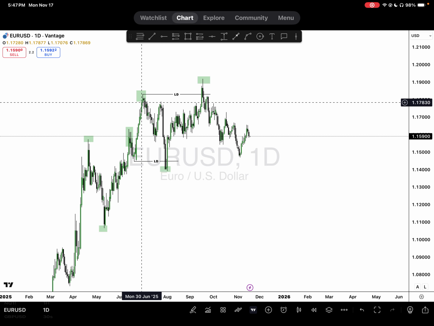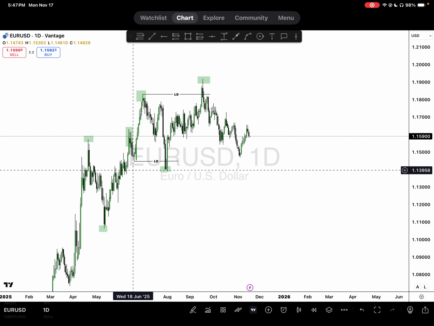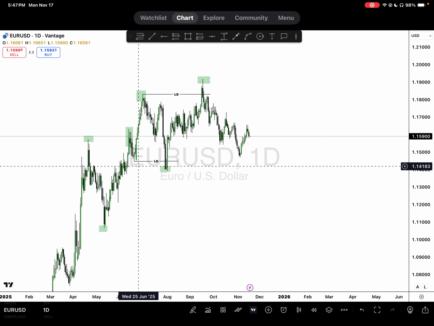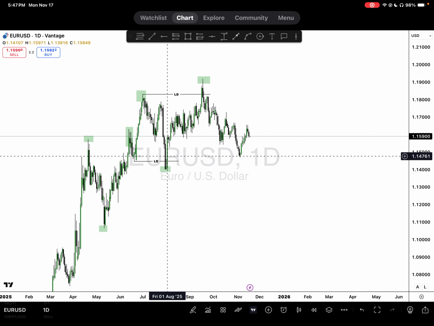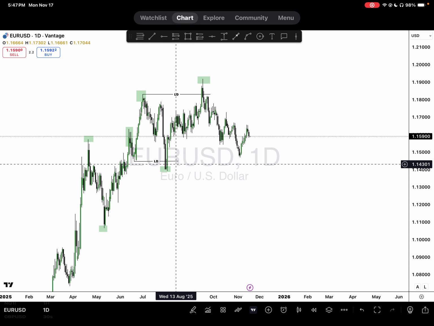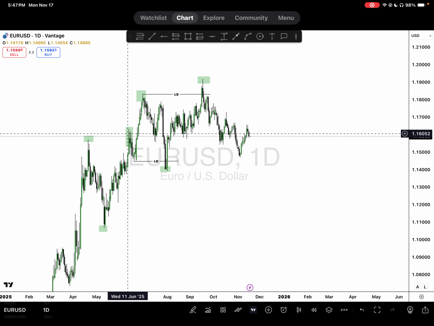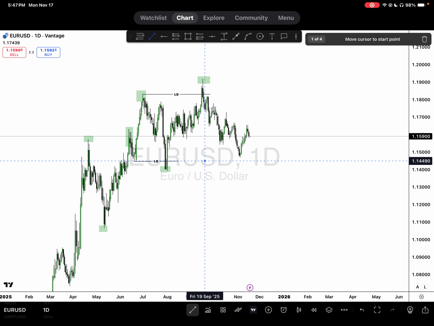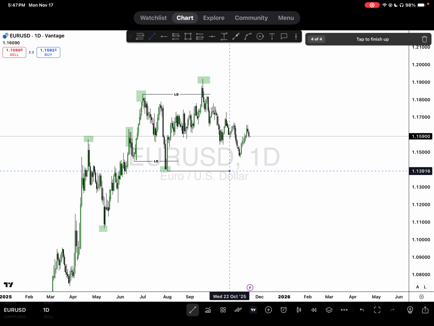So in a bullish run, to me, liquidity points are always the highs, and then the structural points are my higher lows here. So until we break a structural point, I don't really see this as a transition of market state, i.e., we're not transitioning from a bullish run into a bullish range until we break this low here.